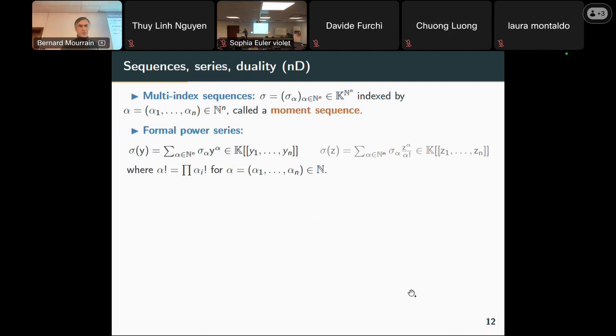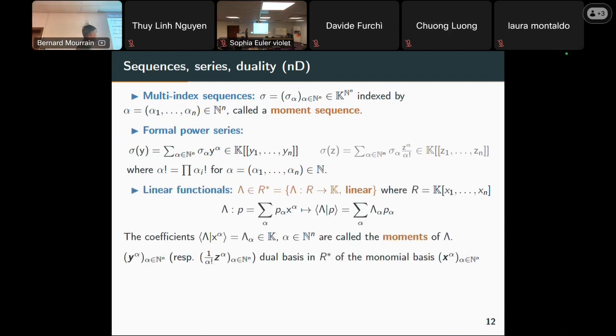Same thing, we can look at this as a formal power series. So sigma of y will be the sum of sigma alpha y^alpha, just to have the representation in one series, or if you want the generating series of the sequence, the same choice with z, we can use z^alpha over alpha factorial instead of y^alpha.